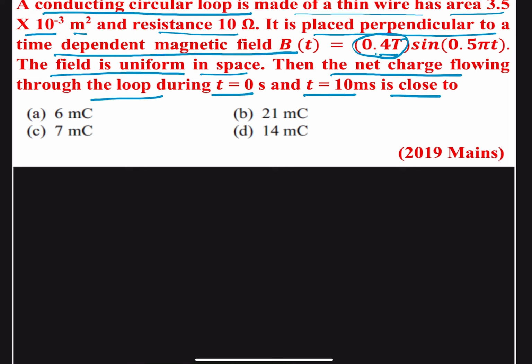So we start with the flux, and we know that the magnetic flux, that is our phi, is magnetic field times area A.